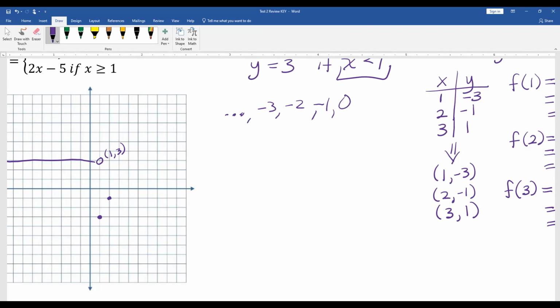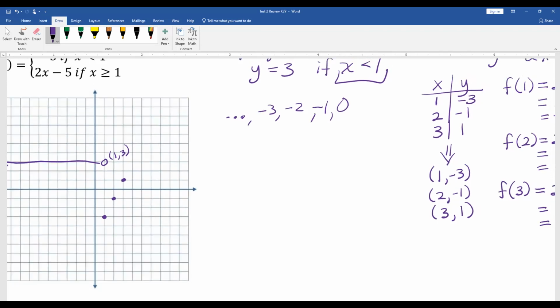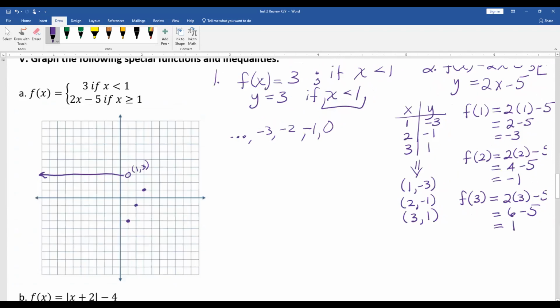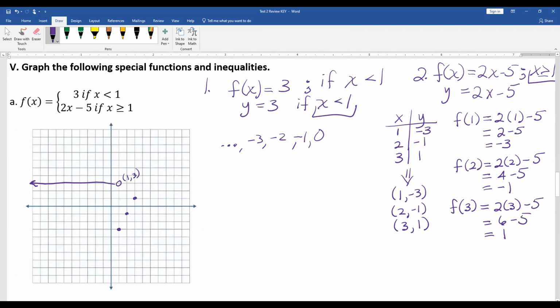And 3, go over 1 more and then up 1. So this tells me I have a slope of every time x changes once, y changes twice. So my slope is 2. Now the question is, how do I draw this graph? What do I have to look at to know how this graph is drawn?